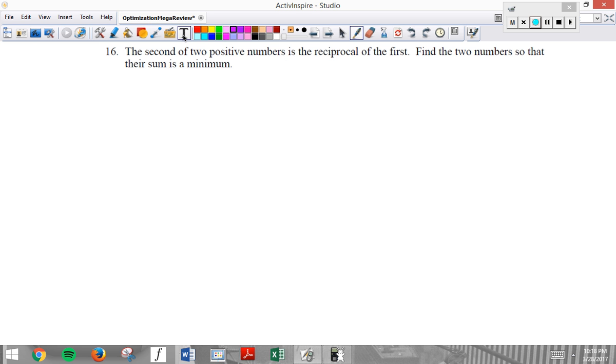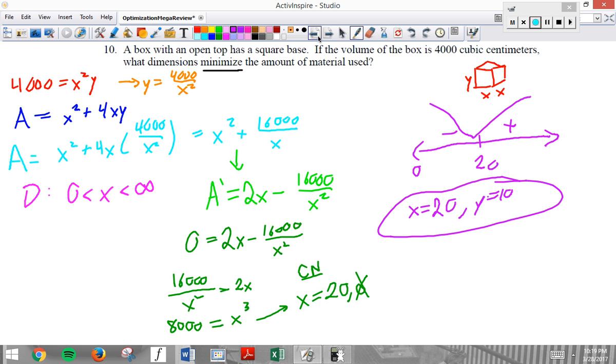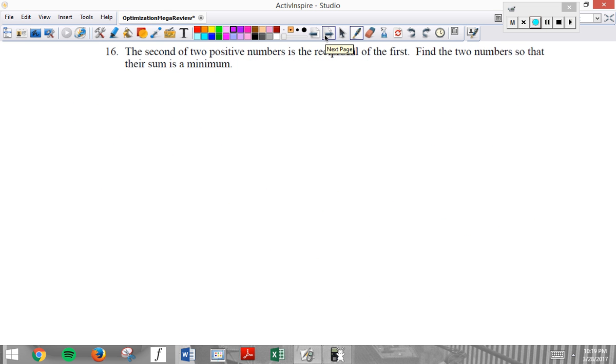The second of two positive numbers. Oh, sorry, I didn't know. We should look at it. Pause it if you want. Pause this and try it out. 3, 2, 1. Labels are fundamental.